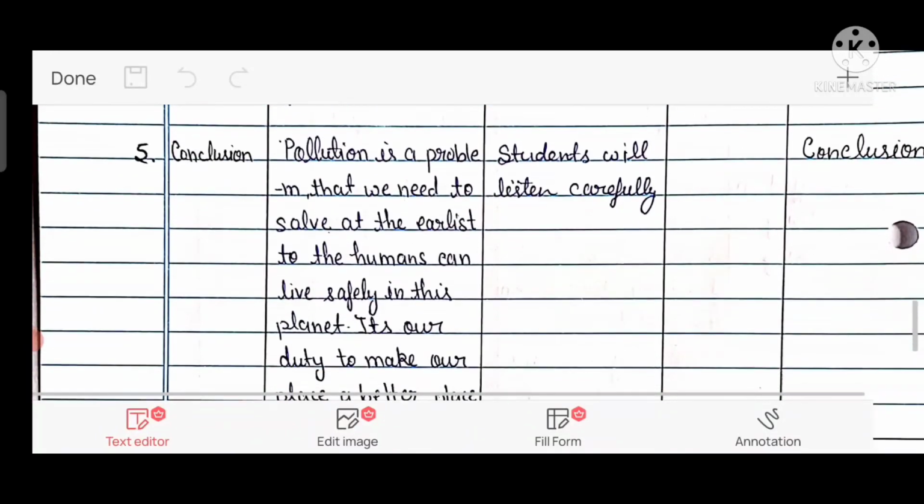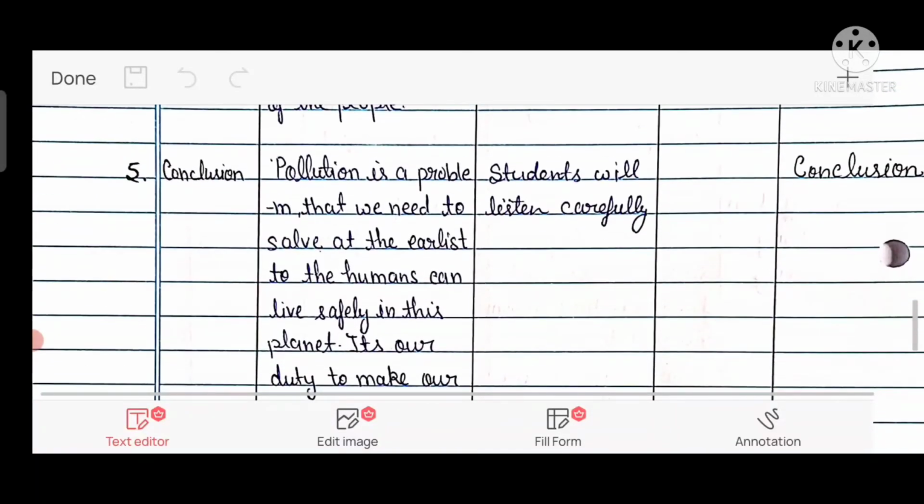Then the last point is conclusion. Teaching point will write conclusion, and pupil teacher activity, pupil teacher explains the conclusion, and student activity, students will listen carefully, device and method, explanation method, and blackboard column we will write the conclusion.